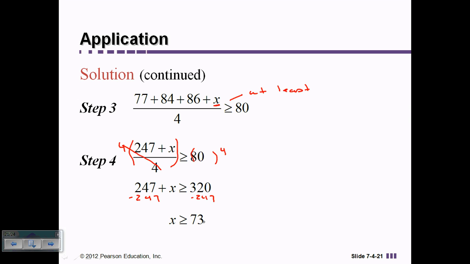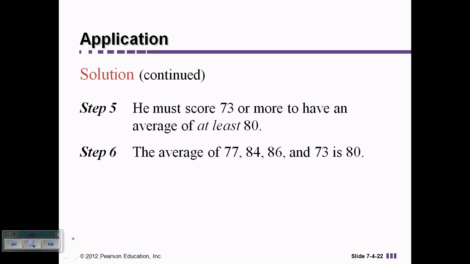So when we're looking at that, in order for him to get at least an 80 on his final grade, he must have at least a 73 on his last test. So it's 73 or more to get an 80 on the final test. So if we wanted to graph that, the answer would be x has to be greater than or equal to 73.